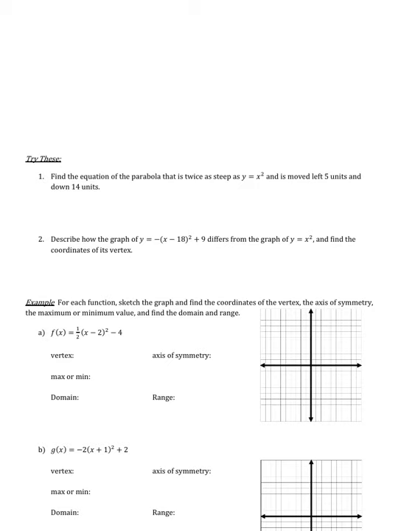So let's put this all together to write some functions. We know that y equals a times x minus h squared plus k. That's our vertex form. The vertex comes from the h and the k. This moves it left and right. This moves it up and down. And this moves the stretch and flips it. So if we know we have a parabola here that is twice as steep as y equals x squared, well, that means we have y equals 2 times, because it's twice as steep.